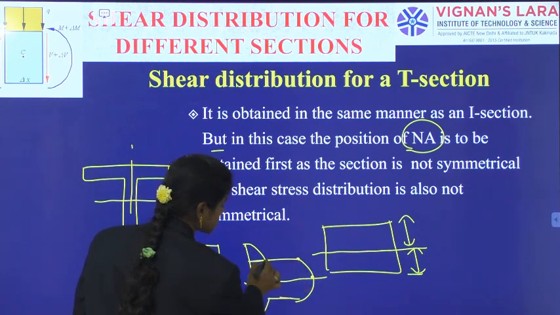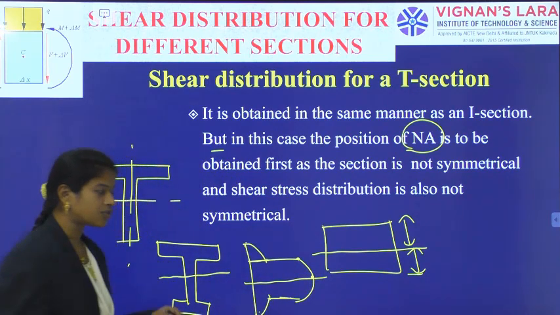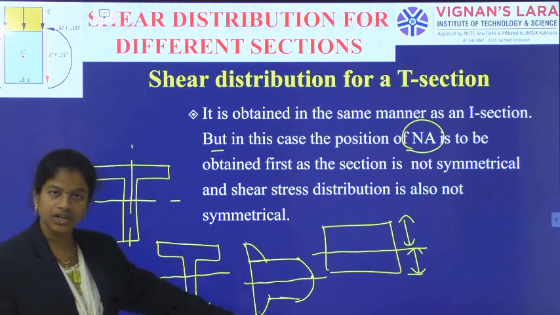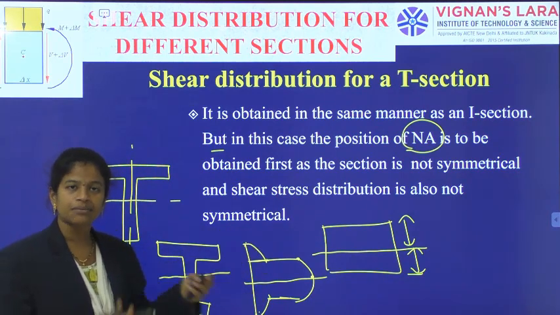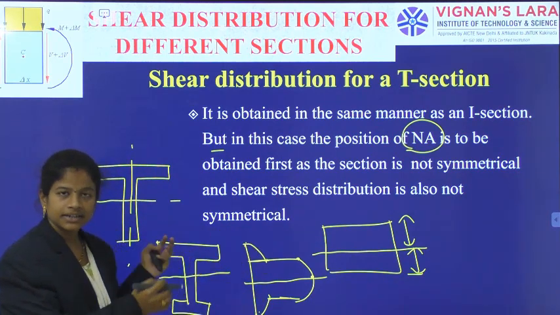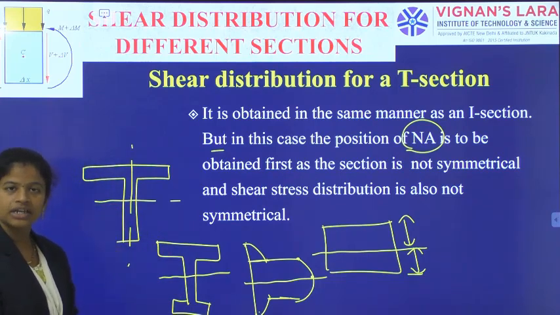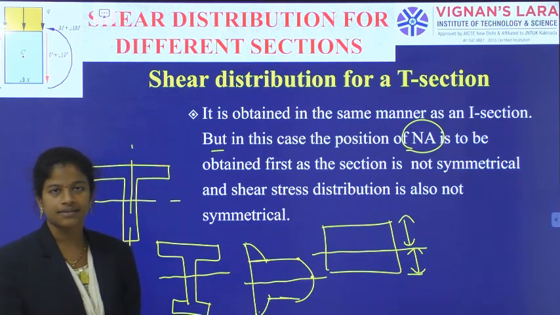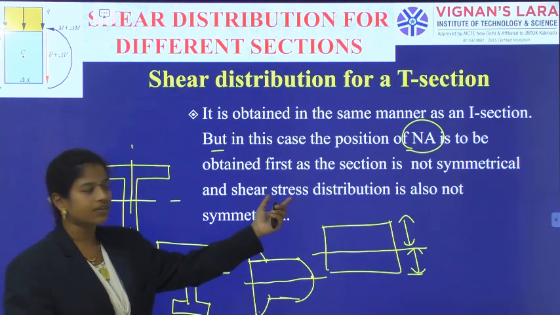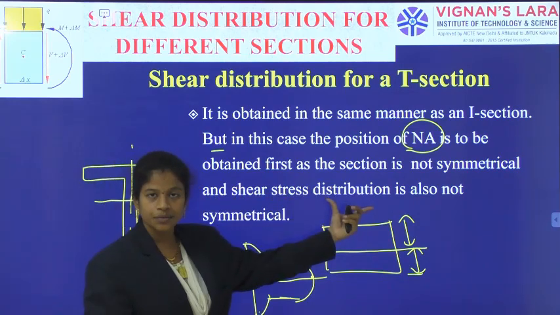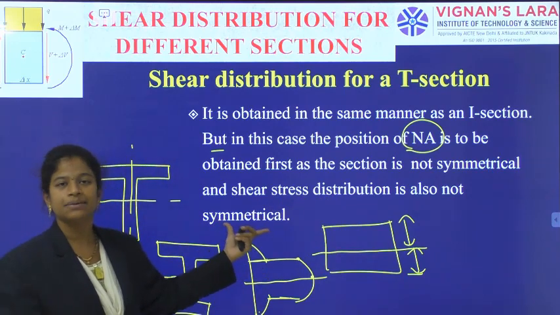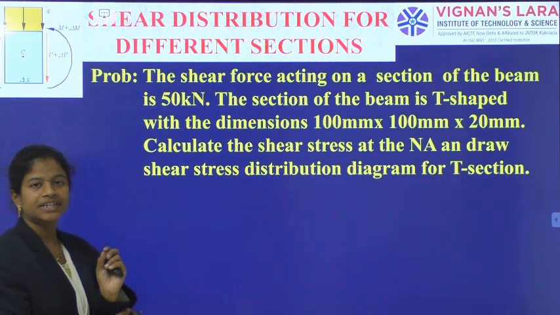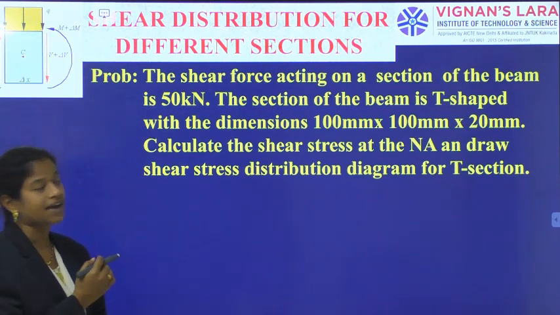So there is no symmetry we have observed. When it is a symmetrical I section, the distribution with respect to the top and bottom will be the same like a mirror image. But the section is not symmetrical, so the shear stress distribution is also not symmetrical. Right? Now I am going into the problem for the T section shear stress distribution diagram.